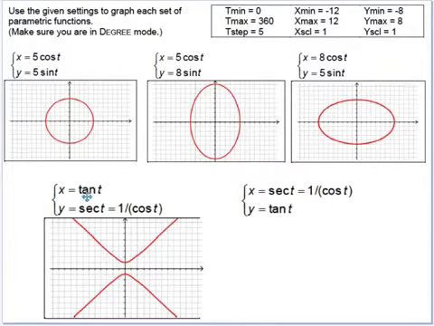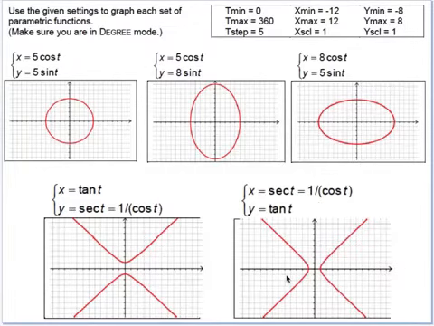But because we have tangent t and secant t, we have a hyperbola. Notice that here your x is tangent and your y is secant, and my hyperbolas are opening up and down. What happens if x equals secant t and y equals tangent t? It actually changes the orientation. It rotates that hyperbola around, so instead of opening up and down, you're opening left and right.